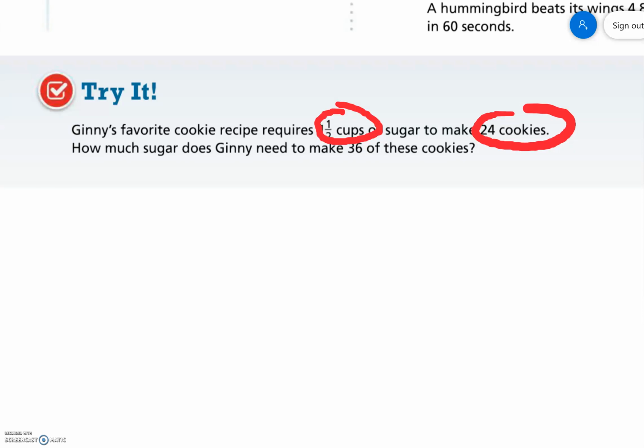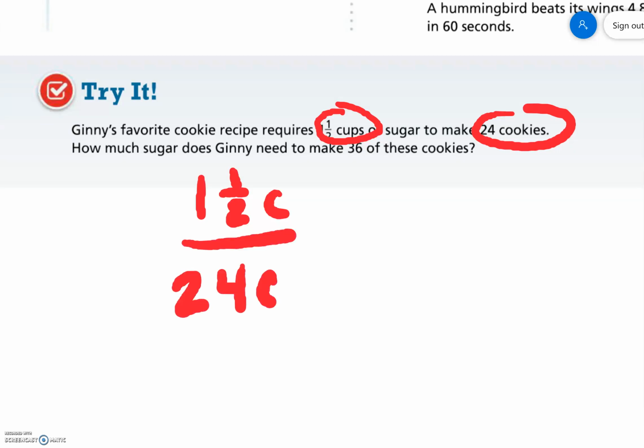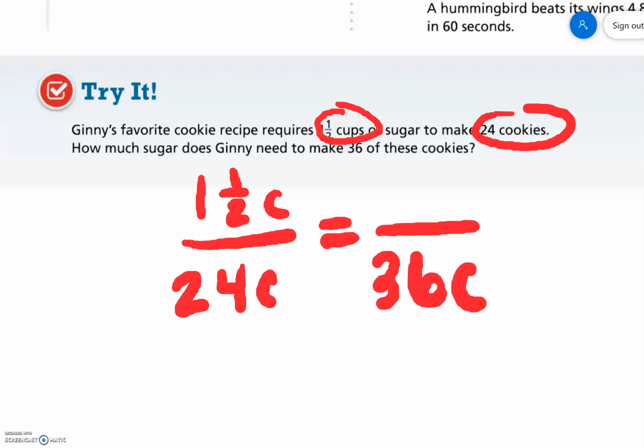All right, so if we have 1.5 cups of sugar with 24 cookies, and we want an equivalent ratio with 36 cookies. I'm trying to find how many cups. In order to get the C by itself, right now it's being divided by 36, so we're going to multiply both sides by 36.